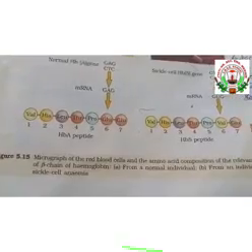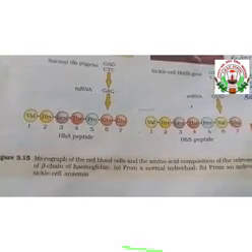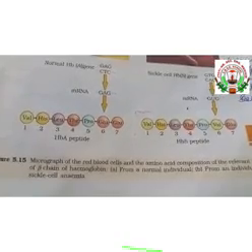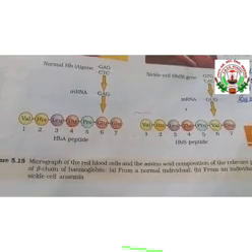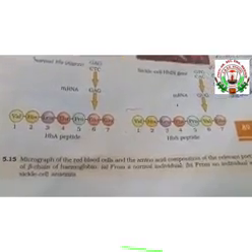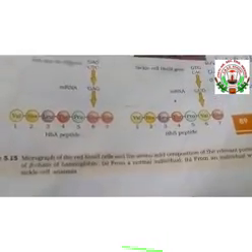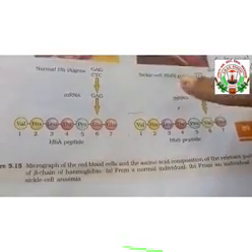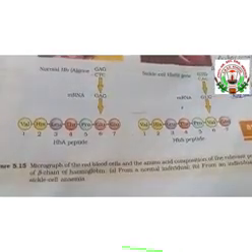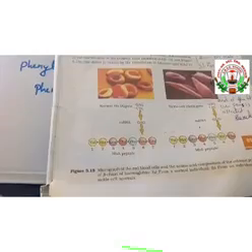This is done with a single nucleotide change. You can see that GAG codes for glutamic acid in the polypeptide chain, and here you can see that instead of GAG, it becomes GUG, and this GUG codes for another amino acid.